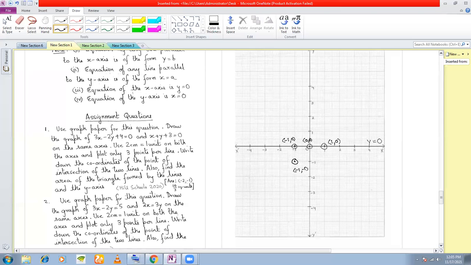And the next set of points were -1, -1. 0, 0 is already drawn here. I've already plotted this. And the third point was 1, 1. So now we join this with the help of a straight line. And what is this line? This line is y is equal to x.